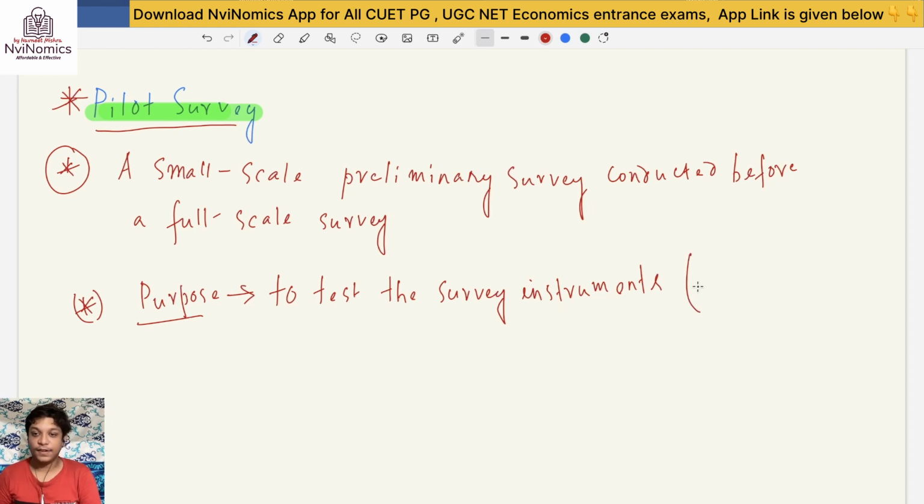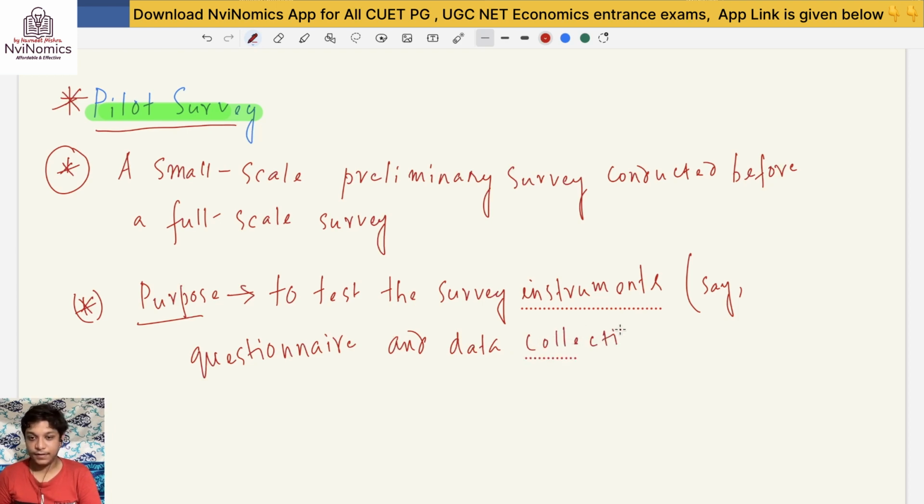Survey instruments, say a questionnaire. Questionnaire and data collection method. So why is it used?